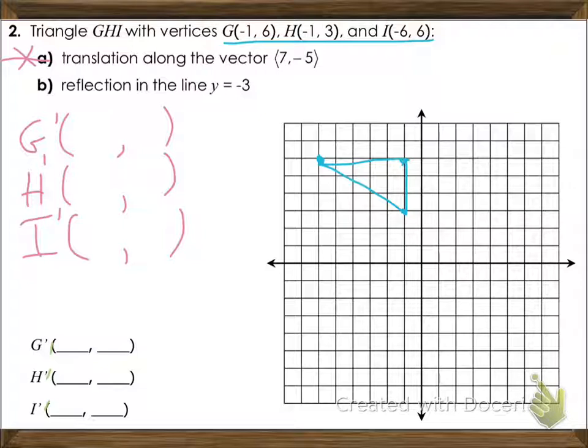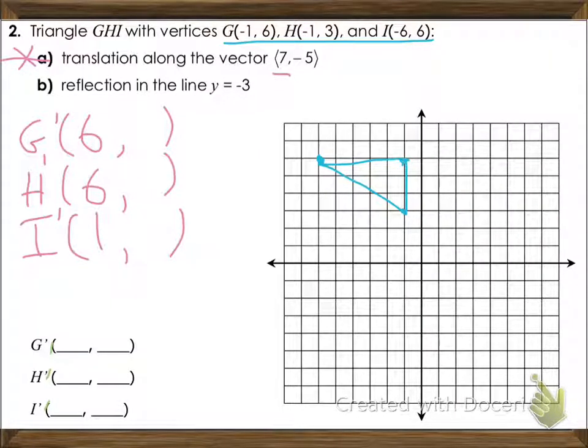So we need to do our translation. So if we're translating along the vector, I'm going to be adding 7 to every single x value. So let's do all the x's. So we're going to have -1 plus 7, that's going to be 6. And then -1 plus 7 is also going to be 6. And then -6 plus 7 is just going to be 1.